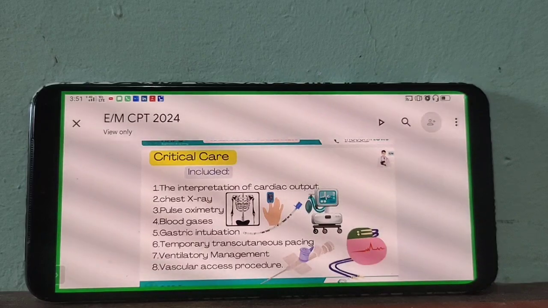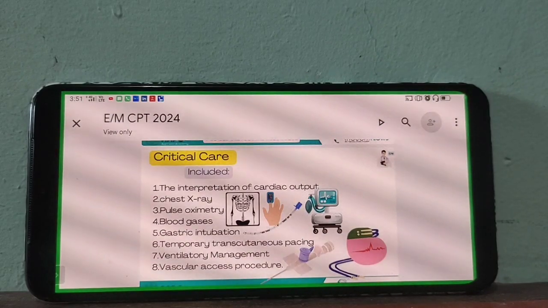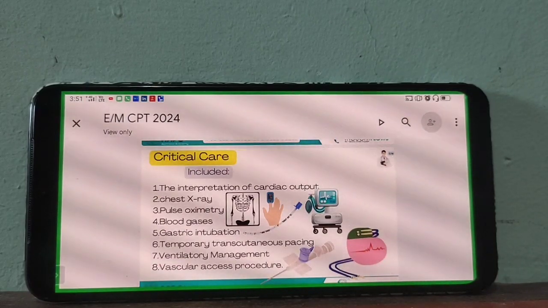If you are admitted into the hospital, they insert the port in the carpal vein. So that is a vascular procedure. For infusion, the doctors insert the port in our arm for a continuous infusion. That is also included with the vascular procedure.